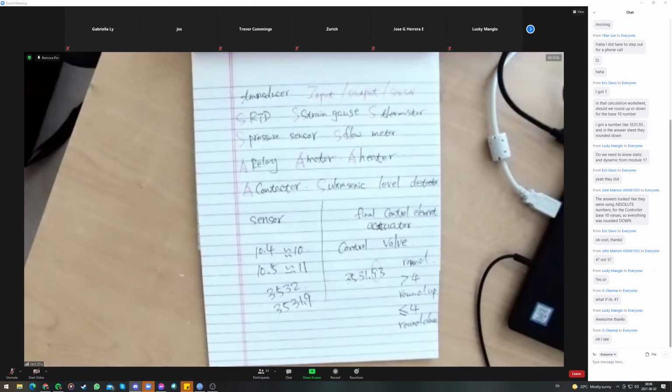I also had a question with the signal-to-signal conversions. I used 0 to 10 volts to work out my conversion value to the controller base 10 value. It's pretty simple because it's 0 to 10. But I couldn't figure out how to do it from 4 to 20 milliamps. Is there a way?